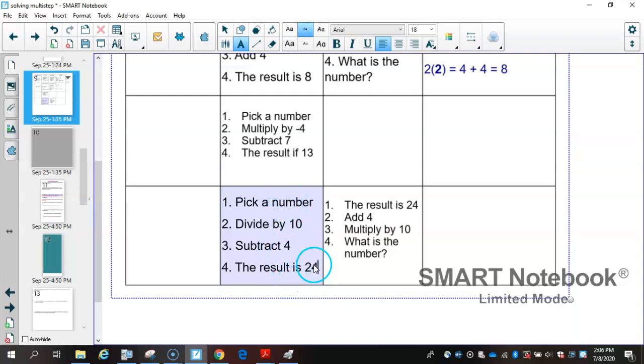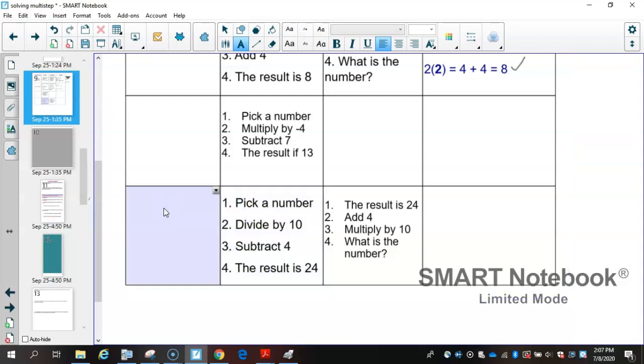Actually, I'm going to start with the last step to see if these match. Last step is the result is 24. Well, that matches with this first step. These two should be opposites. Add 4, subtract 4, yes. These two should be opposites. Multiply by 10, divide by 10, yes. And then the first step is pick a number. So that looks good.